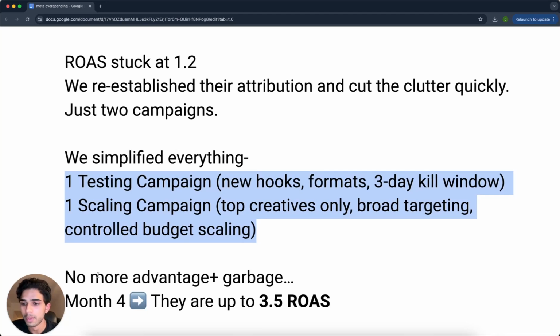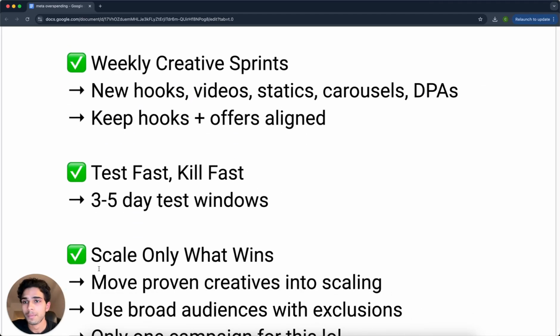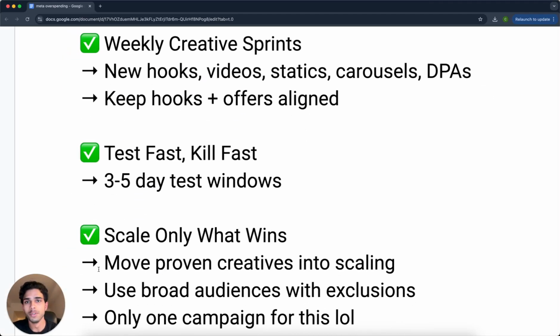Most people think that the fastest way to solve their ad problem is to spend more money. That's not the best way to solve your problems in paid acquisition, especially when these platforms are designed to take your money. So for the weekly creative sprints, new hooks, videos, statics, DPAs, everything, 3 to 5 day test windows, scalable wins.